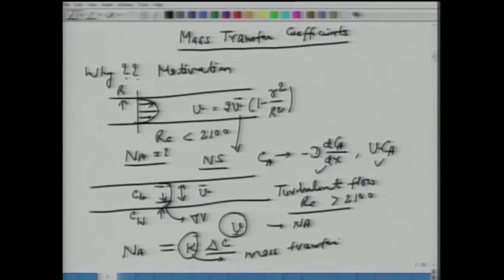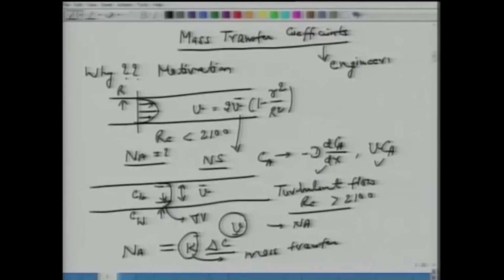In principle, if hydrodynamics is well defined, if you have the velocity profile like in laminar or viscous flow, there is no necessity for defining a mass transfer coefficient. It's very important that we understand the motivation here. The mass transfer coefficient is an engineering parameter. It's not a fundamental variable. This type of parameter is required when we have uncertainty in hydrodynamics, in the prediction of velocity profiles. There the mass transfer coefficient becomes quite handy.